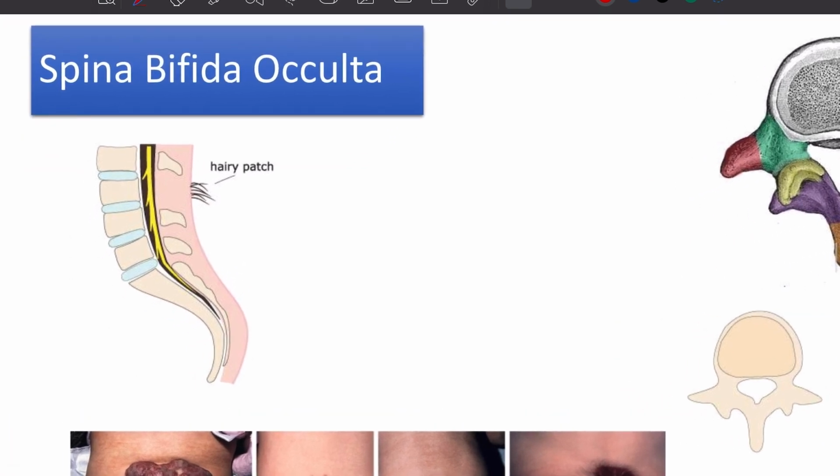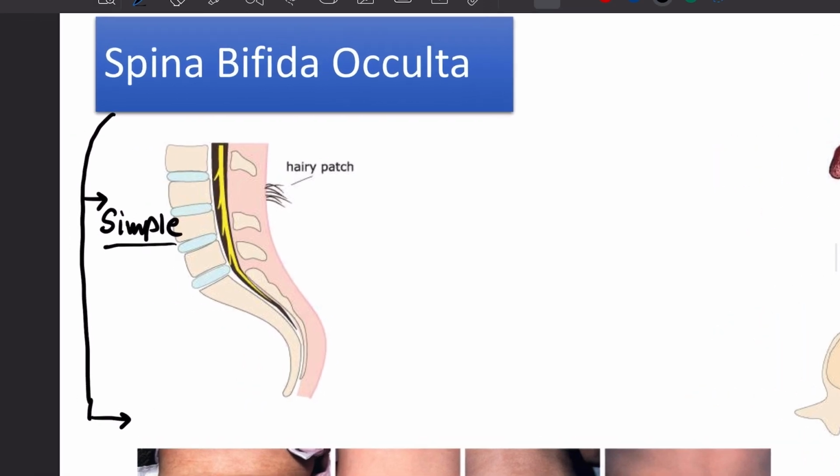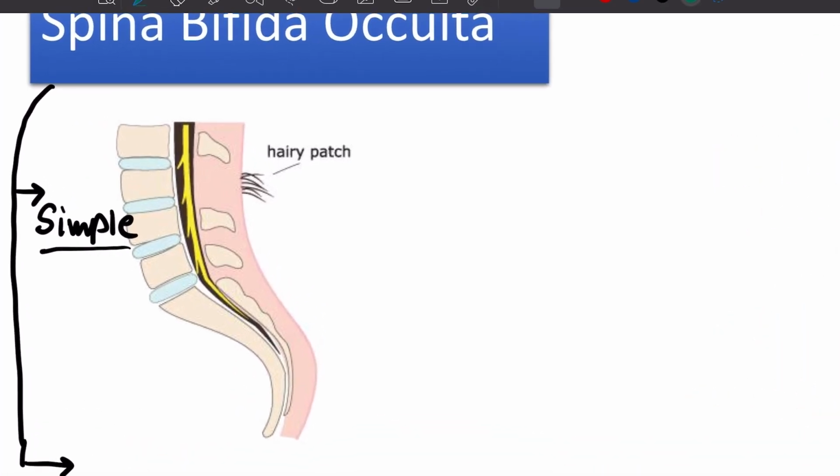The spina bifida occulta may be of two types. One is called the simple variant and another is occult spinal dysraphism. And this is basically your simple type. Here the spinal cord is present inside, and the posterior vertebral arch structure is absent.